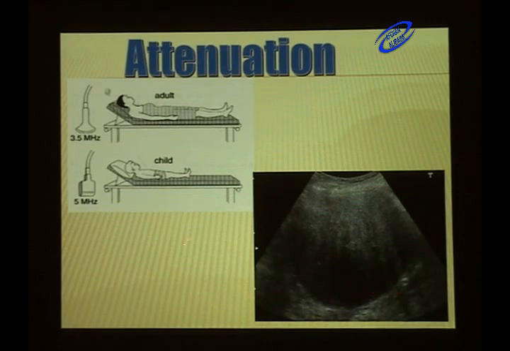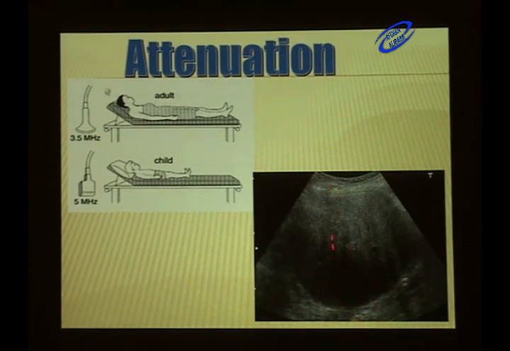An ultrasound image to show attenuation. This is a slide of uterus with a large fibroid in it, but you forget about the uterus and the fibroid. Just concentrate on the appearance of the image as we are going from superficial to deep portions. In the upper regions, the image is brighter and it progressively becomes darker as we go deep into it, and in the deepest positions it is almost completely black.